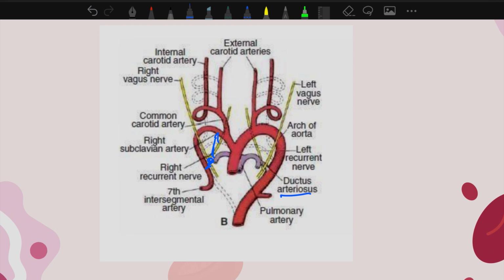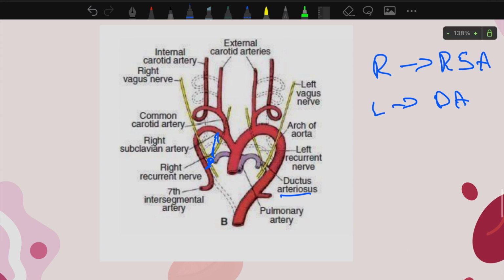So basically, the right one will be behind the right subclavian artery, and the left one will be stuck with the ductus arteriosus. That's why the left one is lower. So if he asks you a question about that, that's it basically.